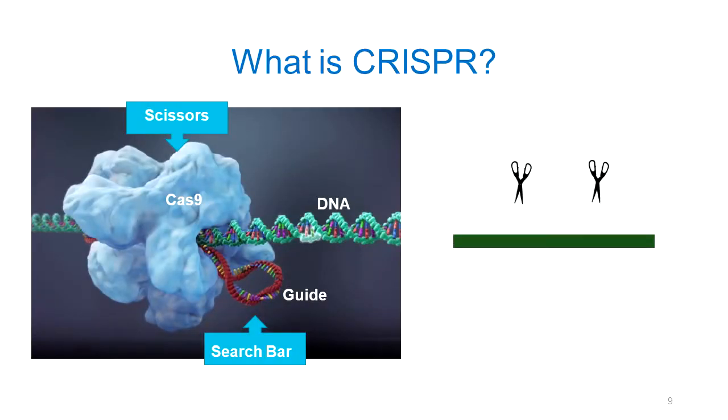Only when you combine those two components, the search bar is going to go along the DNA and find the portion where it has to cut, where it finds a similar sequence, and only then Cas9 is going to cut. So it's something like that. Find, we can remove a portion, and then the cell is going to join the two pieces together.